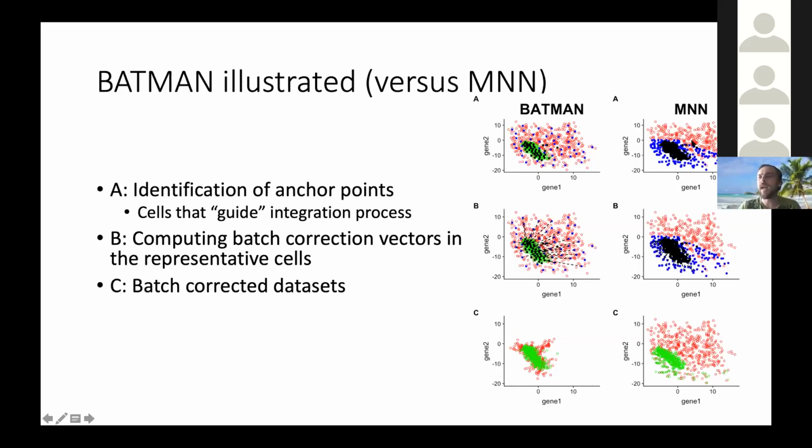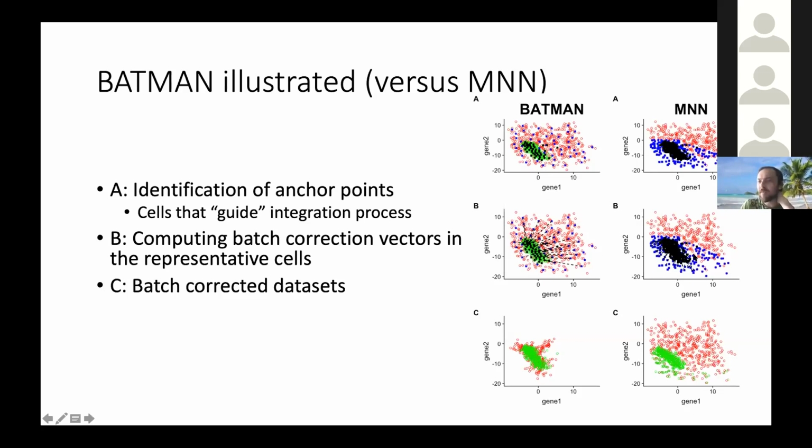And here in MNN, I was actually running the mutual nearest neighbors MNN correct method. I try to display at least the cells that participate in the mutual nearest neighbor pairs. So the next step would be matching the representative cells, and this is how it's done in Batman here.